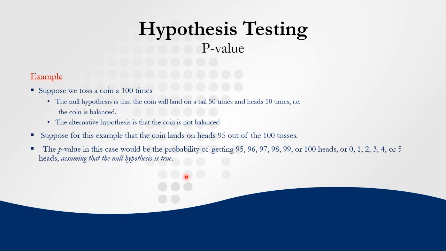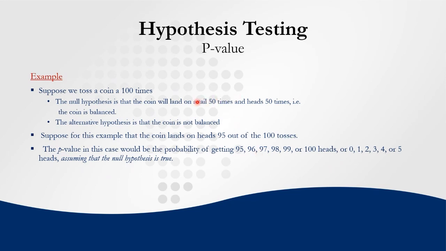So if, for example, the coin lands on 95 heads out of the 100 tosses, then in this case the p-value will be the probability of getting the extremes, which will be 95, 96, 97, 98, 99, 100 heads. And then the other extreme, which will be the probability of getting 0, 1, 2, 3, 4, 5. This is if we assume that the null hypothesis is true.